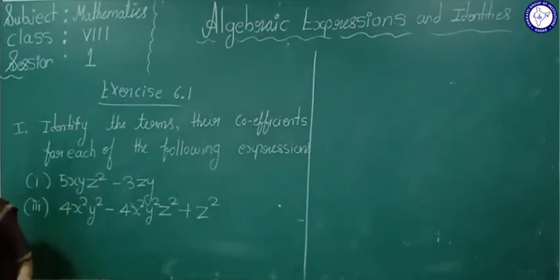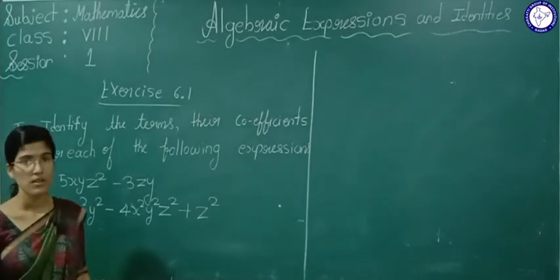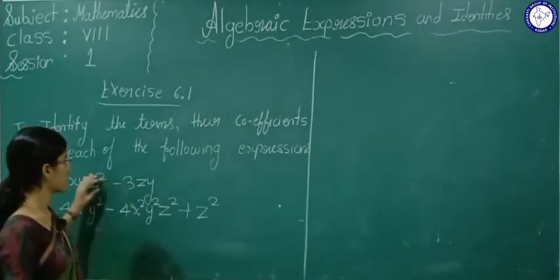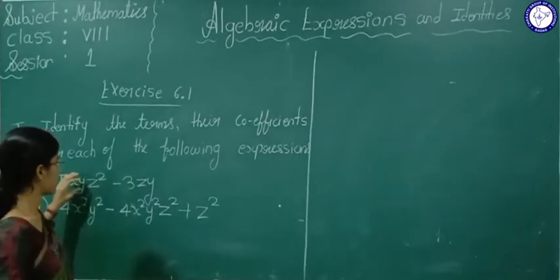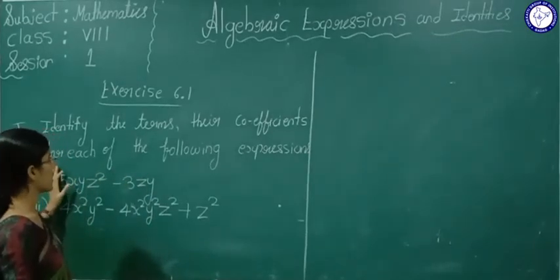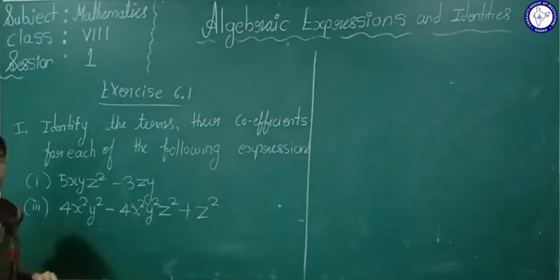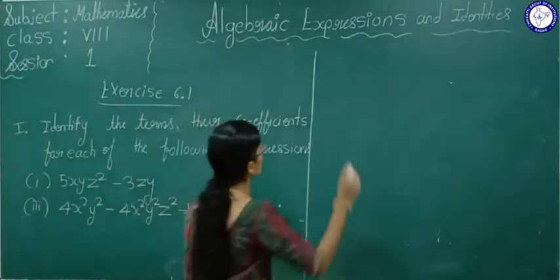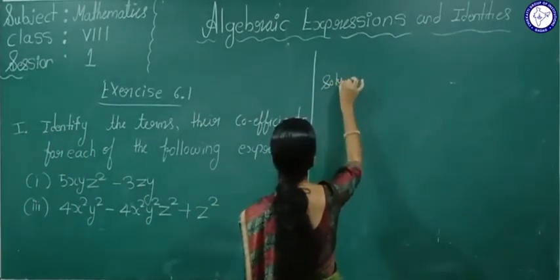Now see here, identify the terms and their coefficients for each of the following expressions. We have to identify the terms, and in this algebraic expression we have to identify their coefficients also. See a solution.